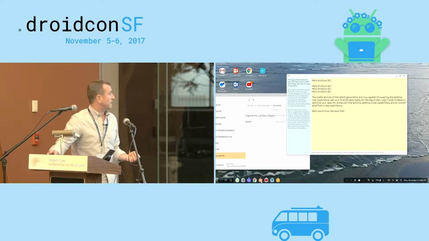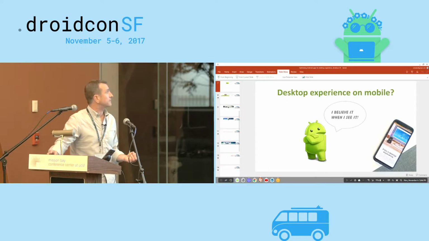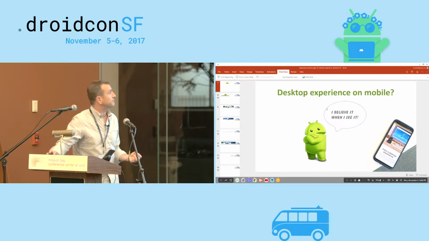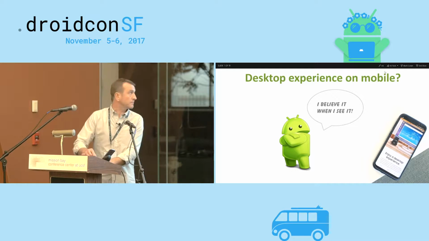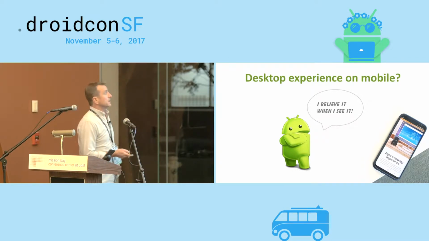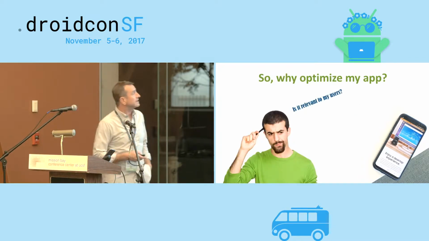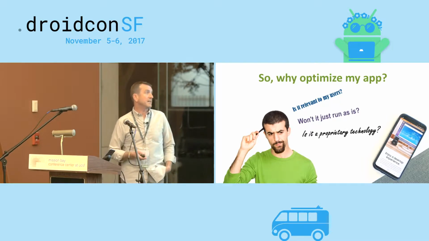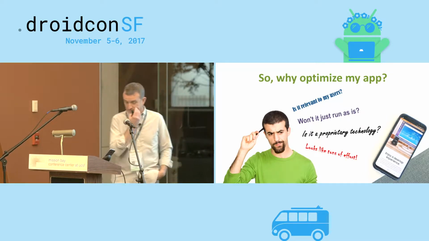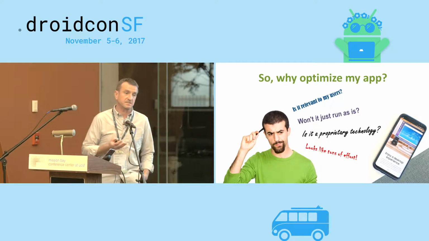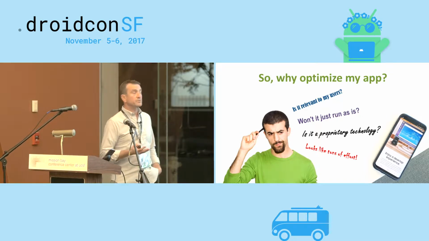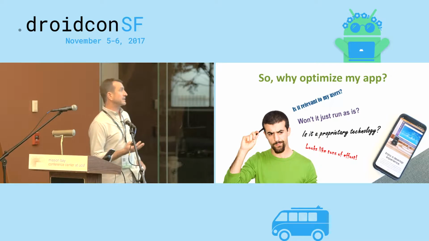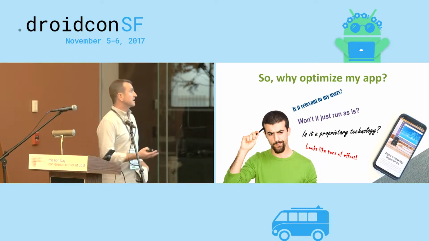Okay, so at this point, since we don't have much time, I am going to show this guy, who basically represents, I guess, the majority of developers who have a bunch of questions like, is this even relevant to my users?